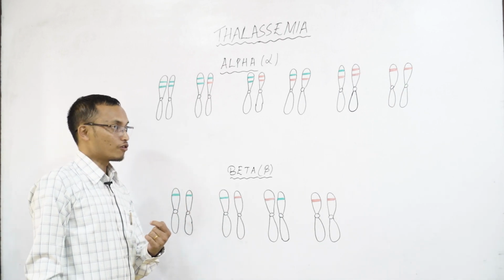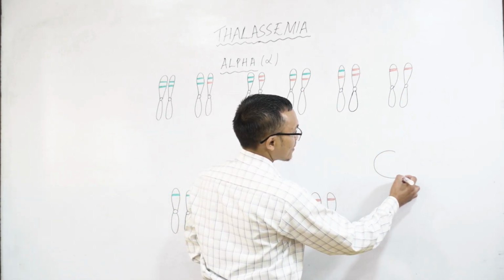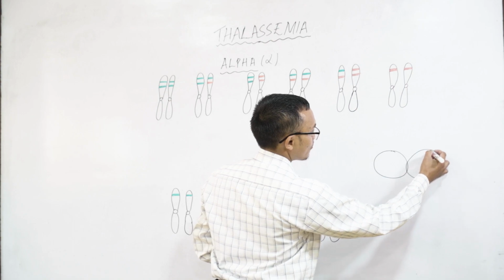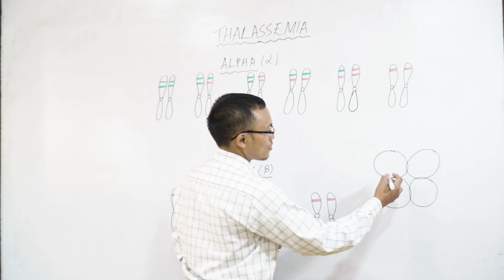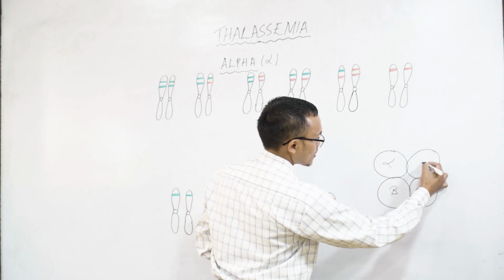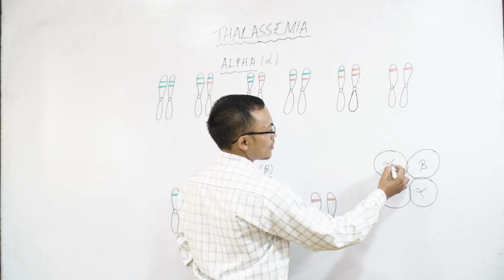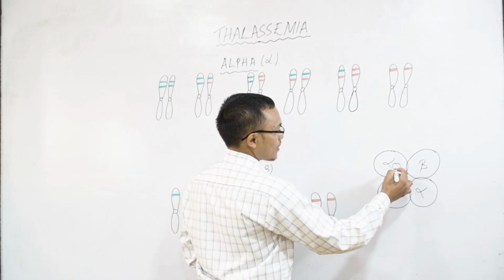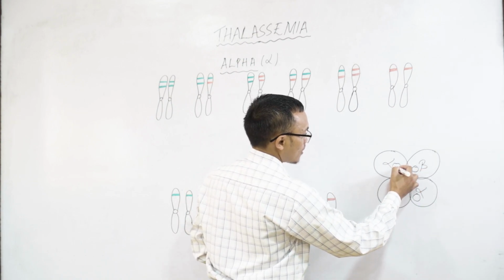As I've mentioned before, hemoglobin has both the alpha and the beta polypeptide chains, that is the protein component. So we have here the alpha and the beta component. Inside these alpha and beta, we have the heme group, and inside the heme group we have the iron.